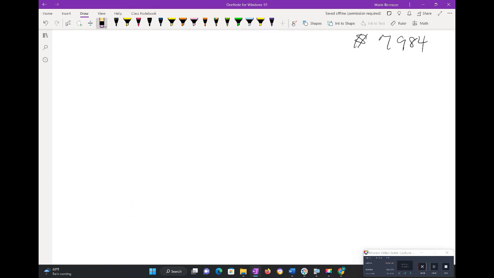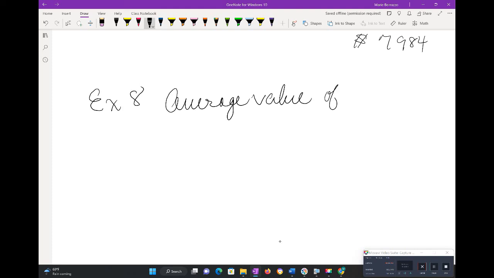All right, we did example 7. We could talk about the average value of a function, which is example 8. This is the average value of a function.